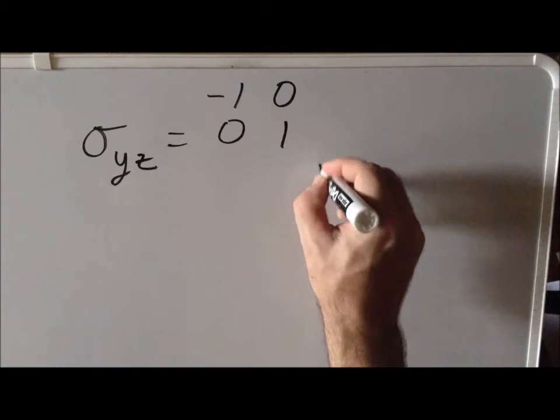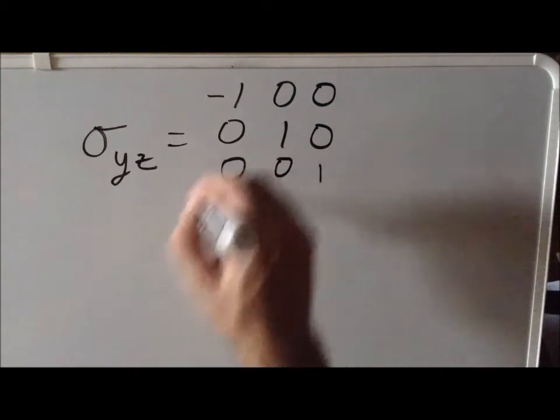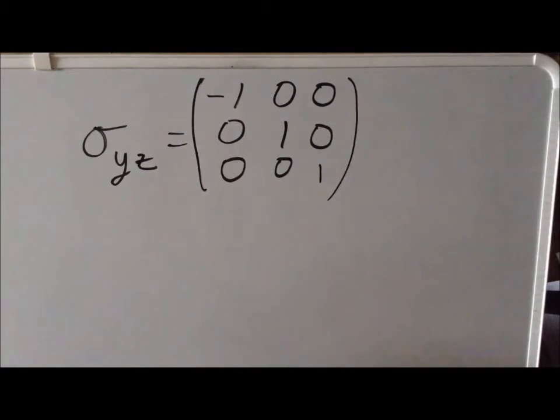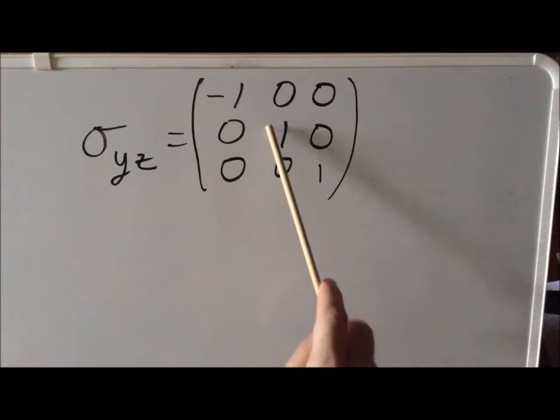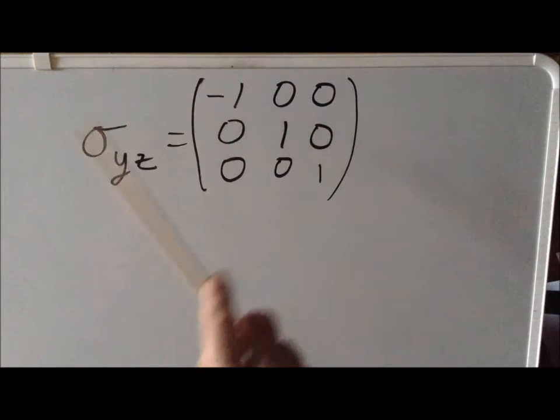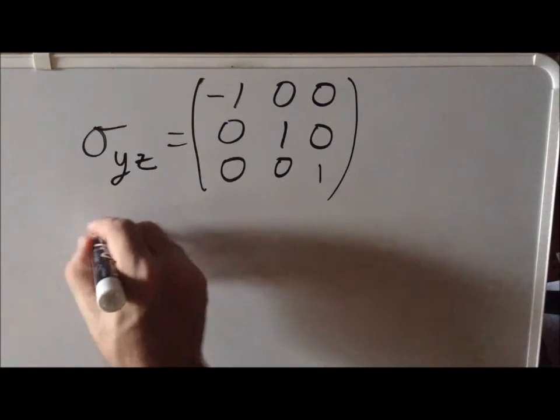So if we're looking at a matrix and we're trying to assign it to a symmetry operation, we would notice that the y and z positions are 1s, minus 1 for the x position. So that tells us that we have a YZ mirror. So similarly, we can write down the matrix representations for any of the other mirrors. So long as they're along the axes, they're straightforward to write.